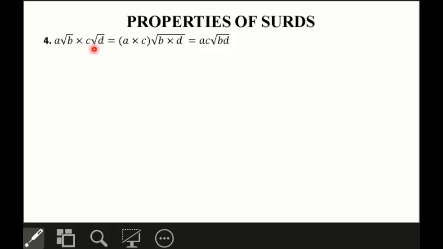times c root d, if I have an expression of this kind, then the first expression here, which is a root b, has a coefficient of a. The second expression here, which is c root d, has a coefficient here, which is c. So we multiply the two coefficients together as a times c, as shown in the expression over here.